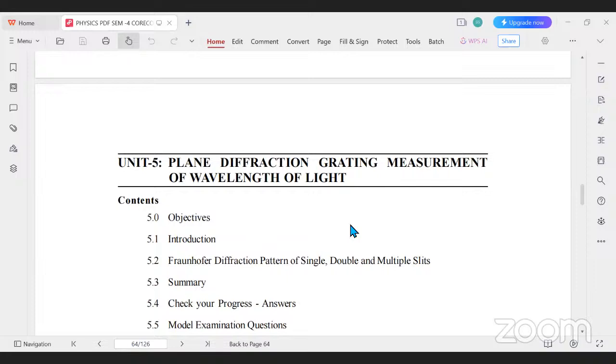The splitting of light into various beams that travel in different directions is nothing but a diffraction grating. Just to repeat, a diffraction grating is an optical component with a periodic structure that splits the light into various beams that travel in different directions.